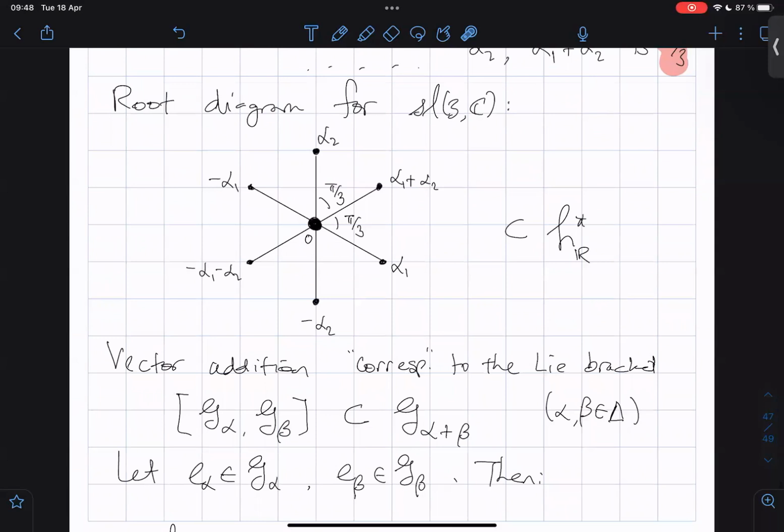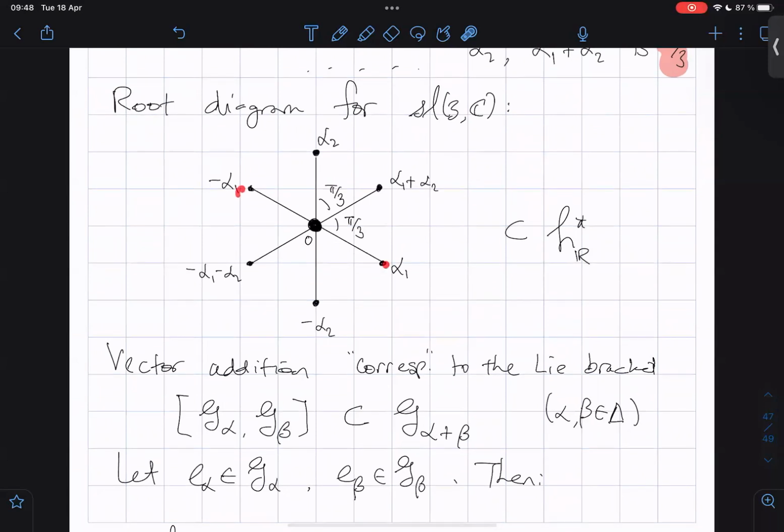For instance, this vector added with this vector will go over there, right? Of course, just because you have this vector addition working out and it is a dot in this diagram, does that guarantee the corresponding bracket is 0 or non-zero? There you really need a bit more information.